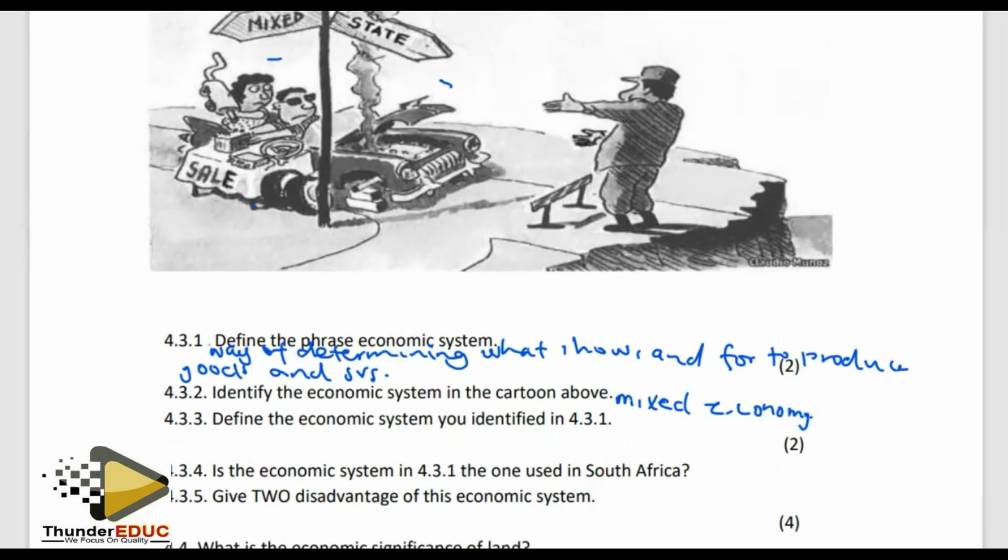Define the economic system you have identified. This is an economic system with both government intervention, it has both characteristics of a centrally planned, we can say command, economy, and the market economy.